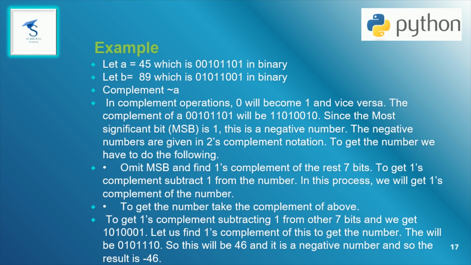To get the 1's complement, subtract 1 from the number. In this process, we will get the 1's complement of the number. To get the number, take the complement of the above. Subtracting 1 from the other 7 bits, we get 1010001. Let us find the 1's complement of this to get the number. That will be 0101110. So this will be 46, and it is a negative number, and so the result is minus 46.